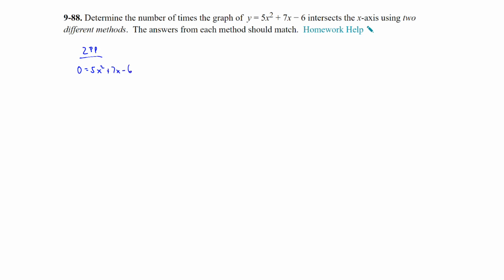So is this factorable? Let's go ahead and use our generic rectangle to see if we can do this. 5x squared, minus 6 on the 1 tiles, and then we know that the product of each diagonal should be the same, so it'll be negative 30x squared, and then our middle term we have a total of 7x tiles. So are there any factors of negative 30 that are going to add to give us 7?